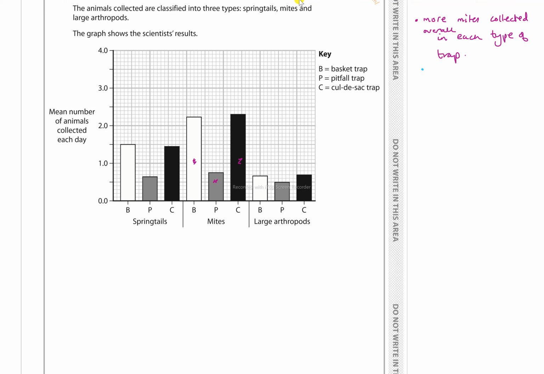You can also say the fewest arthropods collected in all trap types.